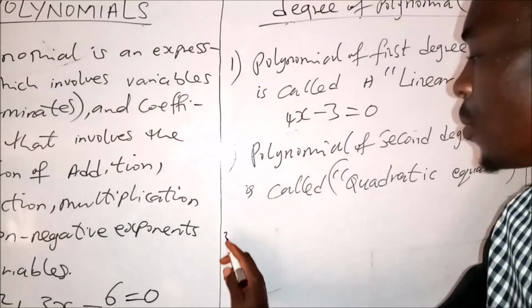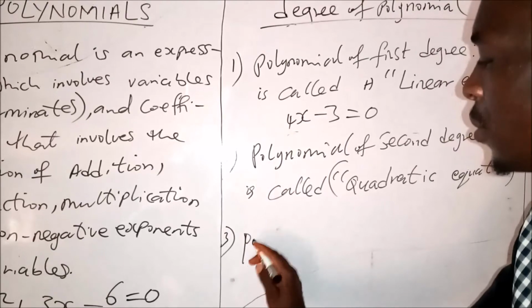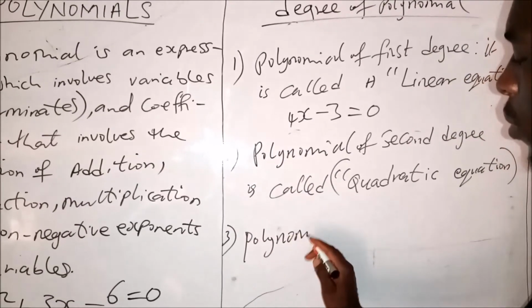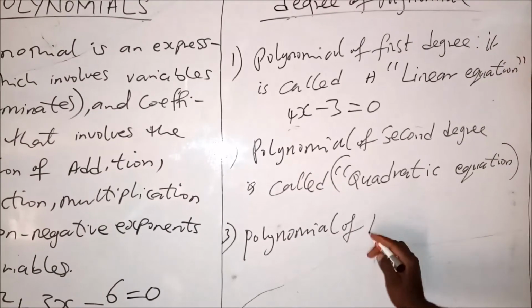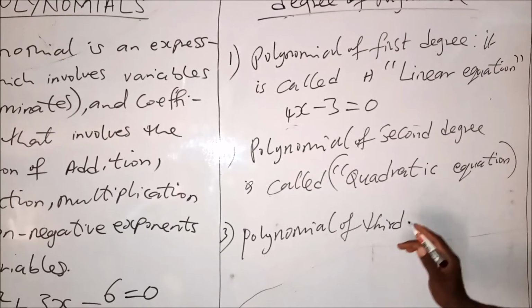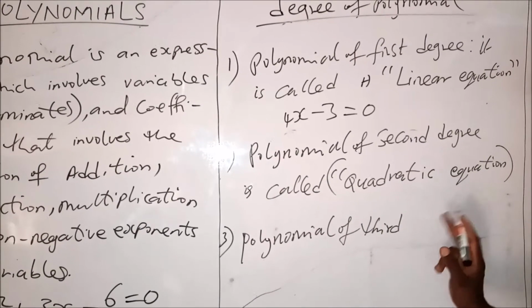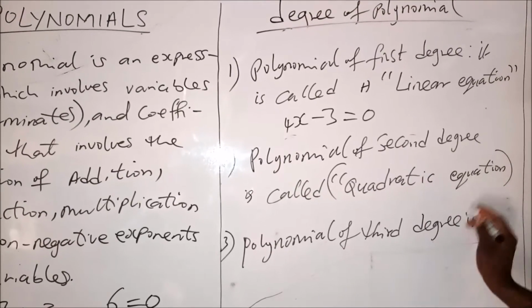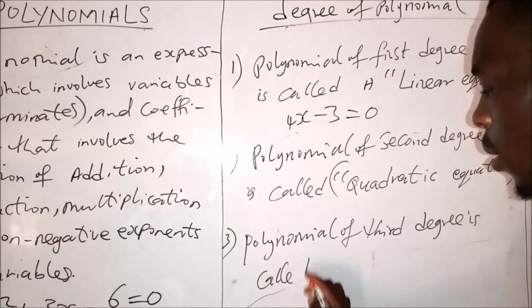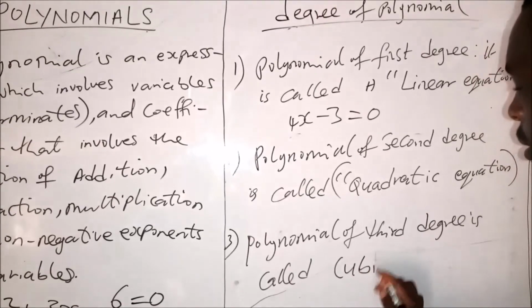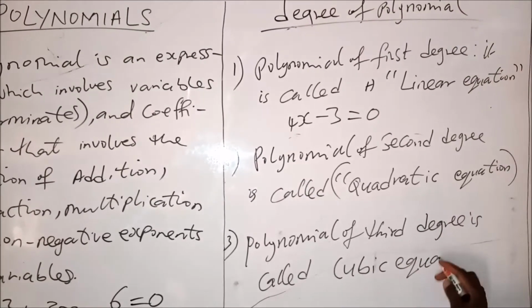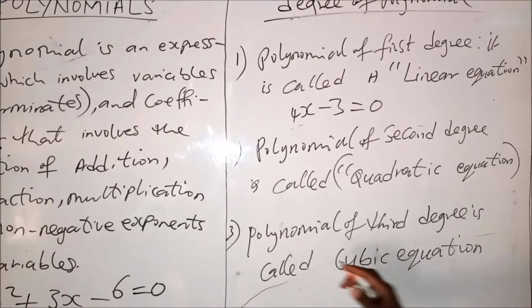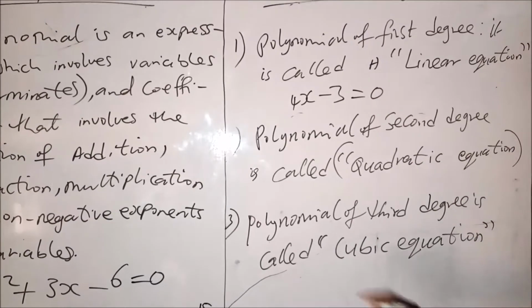Now, polynomial of third degree, in which the highest power of unknown is 3, is called cubic equation as its standard name.